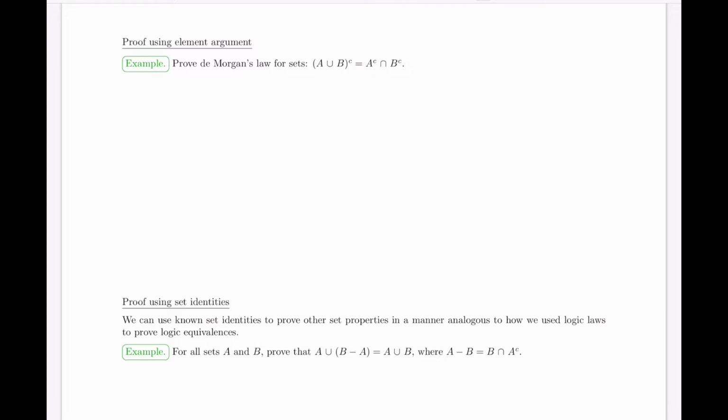So first of all, we're going to prove that the left-hand side is actually a subset of the right-hand side. And secondly, we're going to prove it the other way around, so the fact that the right-hand side is a subset of the left-hand side.